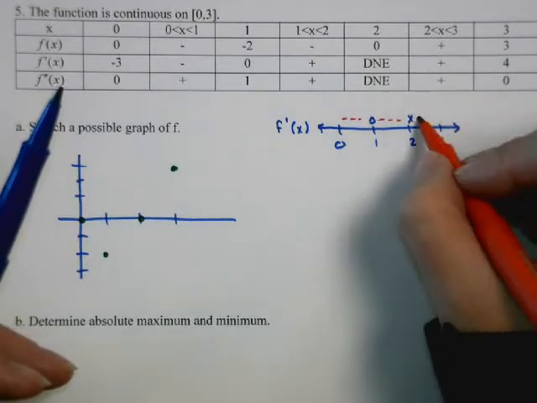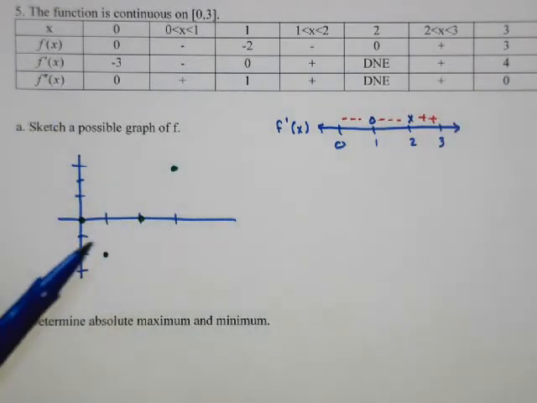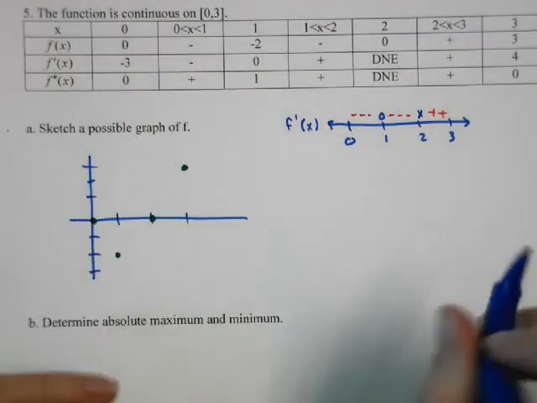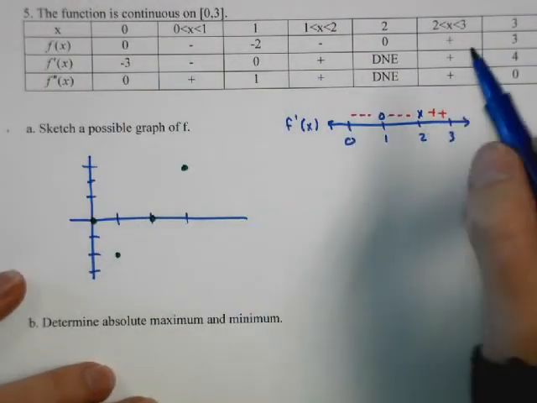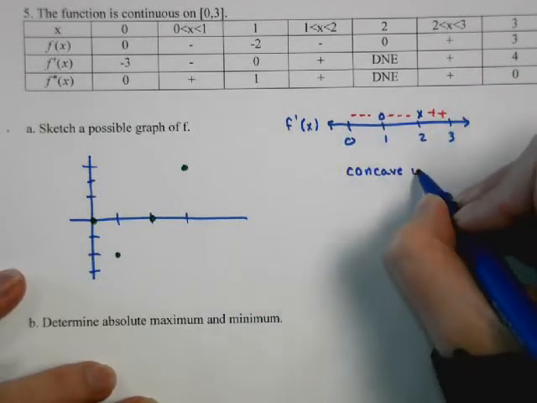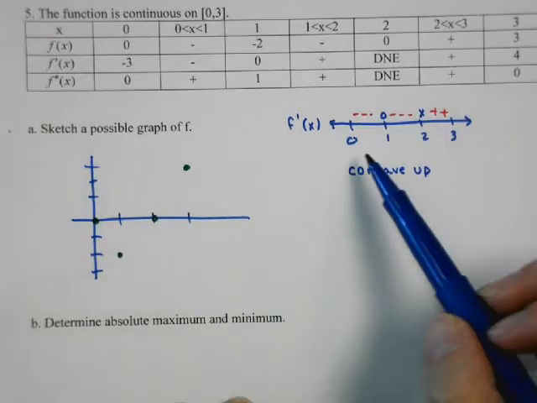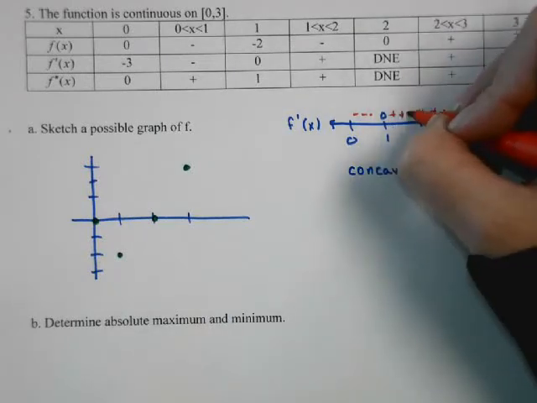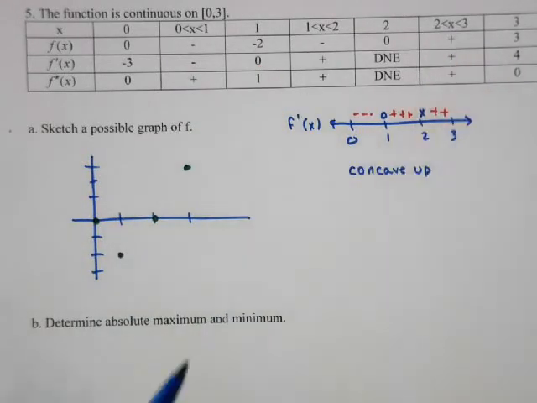And from 2 to 3, it's also positive. Looking at the next row, it's always positive, so that means the graph is always concave up. Sorry, it should be positive, negative, positive, positive.